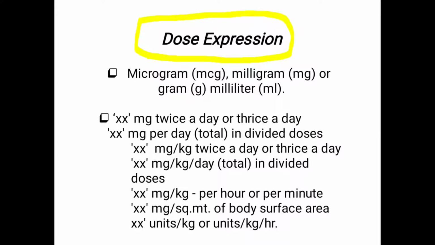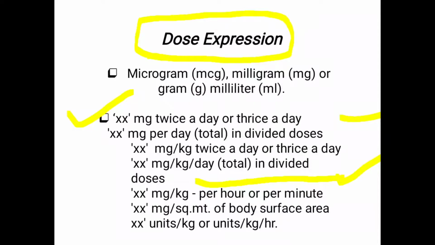So what is microgram, milligram, or milliliter? These are the dose expressions. So here we can say XX mg twice a day or thrice a day; XX mg per day total in divided doses; XX mg per kg twice a day or thrice a day; XX mg per kg per day total in divided doses. Like this we will express the dose.